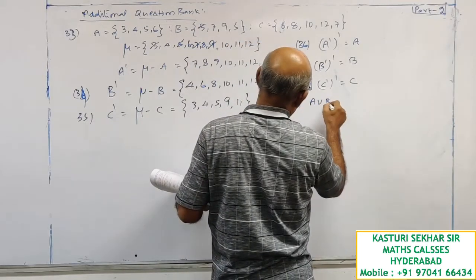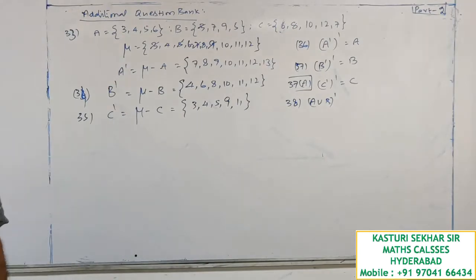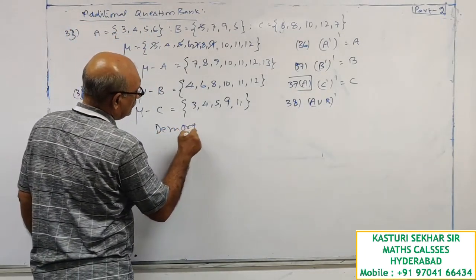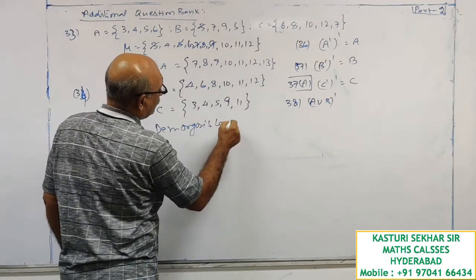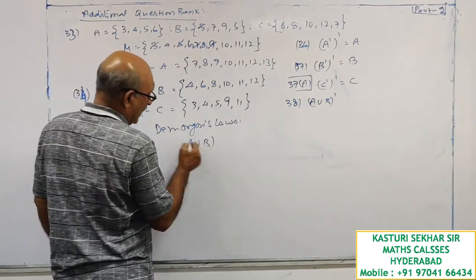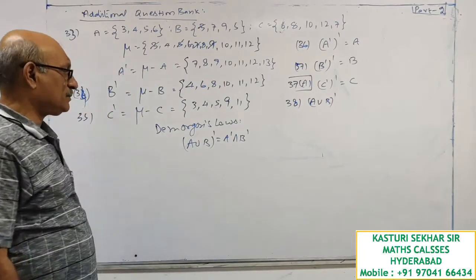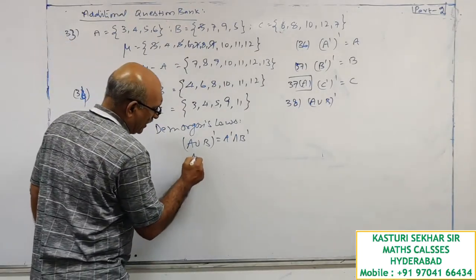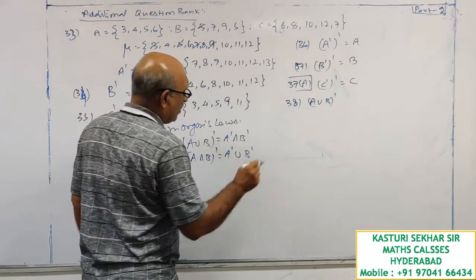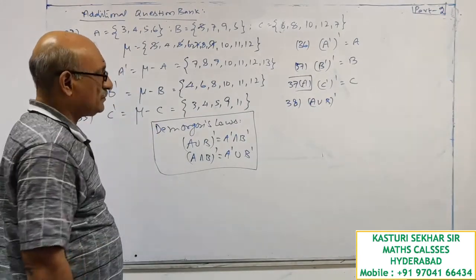A union B complement. Let us discuss De Morgan's laws here. A union B complement is equal to A complement intersection B complement. In the same manner, A intersection B complement is equal to A complement union B complement. These two results are known as De Morgan's laws.